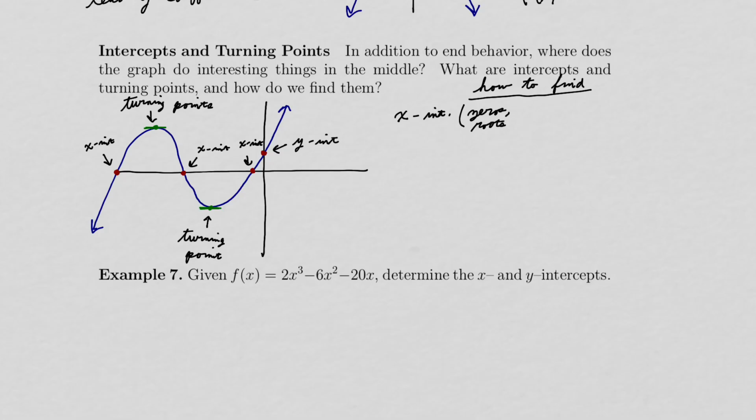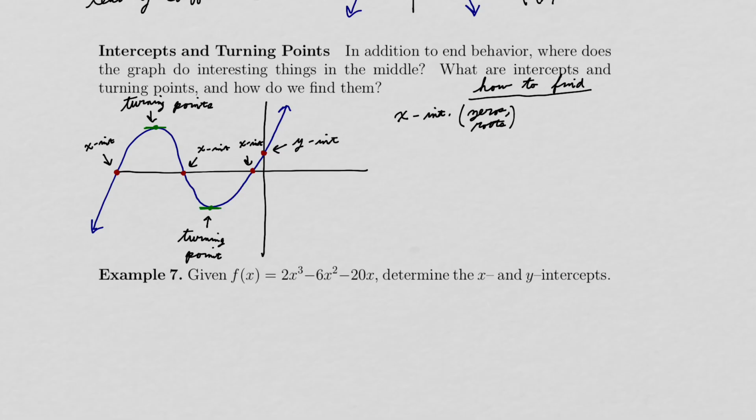It's really only the x value of the x-intercept that's the zero or the root. Remember, the x-intercept itself is an ordered pair, something comma 0. The y coordinate is always 0. But we often just call them zeros or roots.